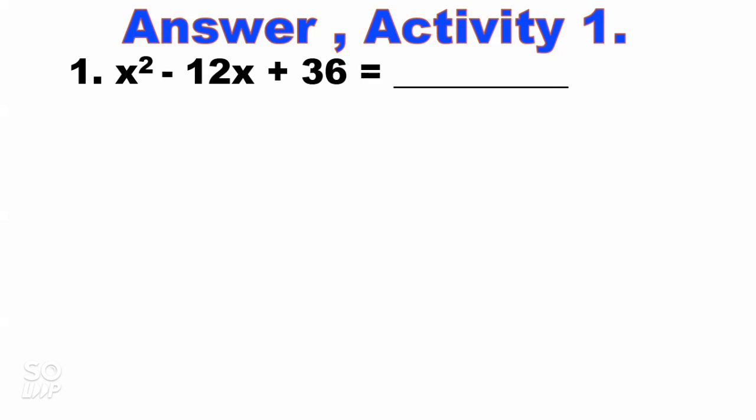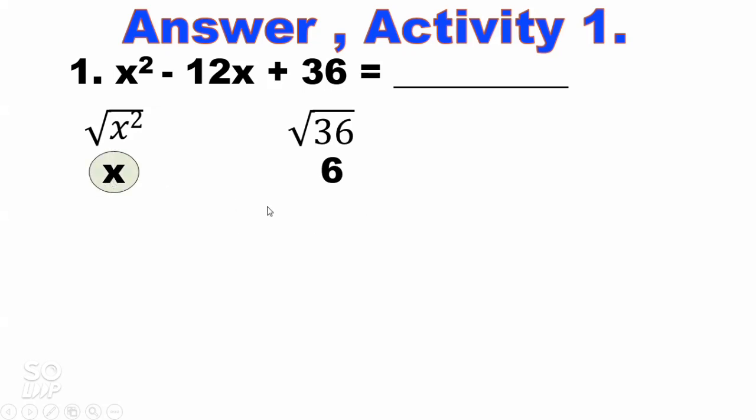Okay, number 1, x squared minus 12x plus 36. The first step is to find the square root of the first term and find the square root of the last term. The square root of x squared is x and the square root of 36 is 6. And then, write x and 6.